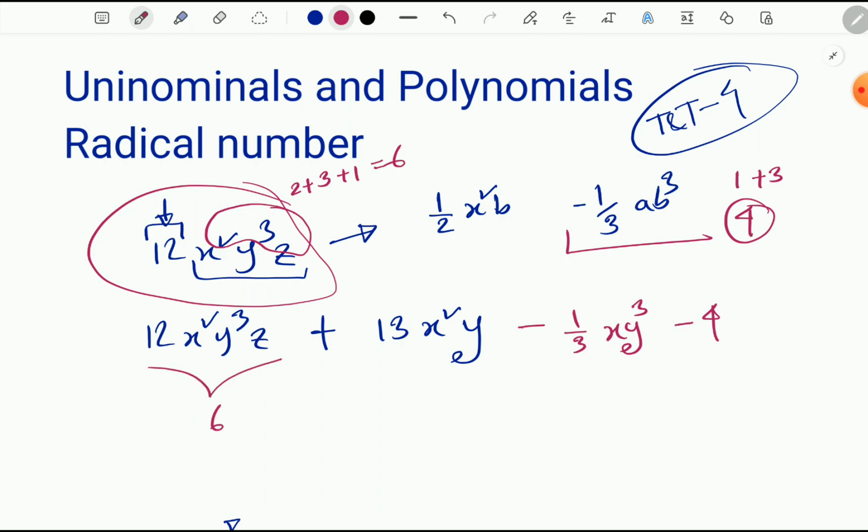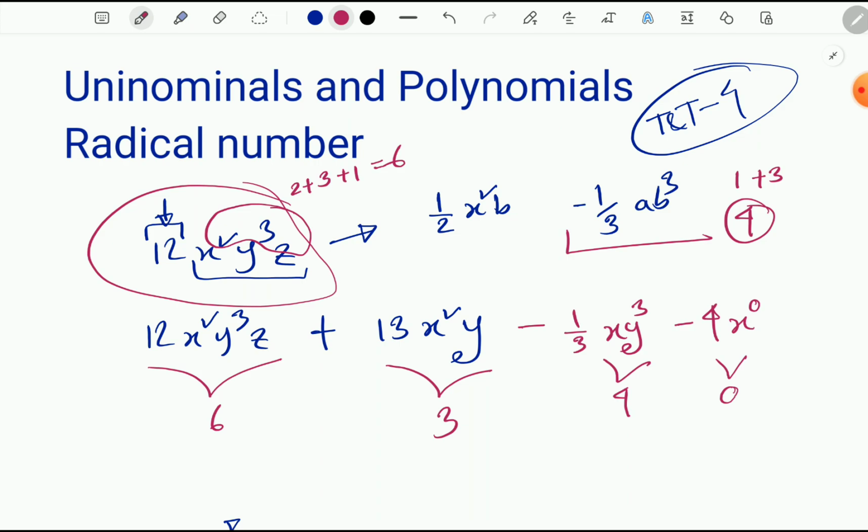This term has a degree of 3. This term has a degree of 4. And this term, do you know what its degree is? Just consider x has power 0, and if something has power 0 it is 1, so it doesn't affect, right? So there is x, but its power is 0, so the degree is 0 for this particular term.